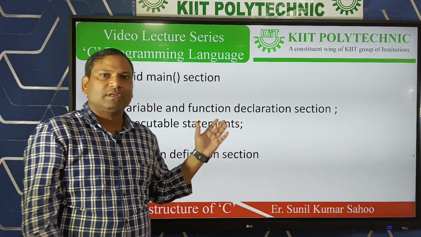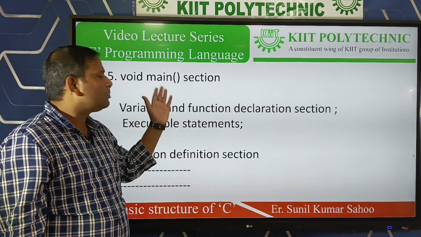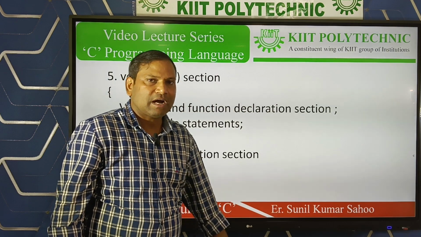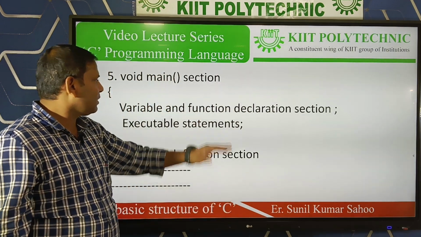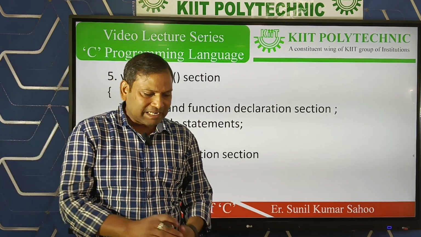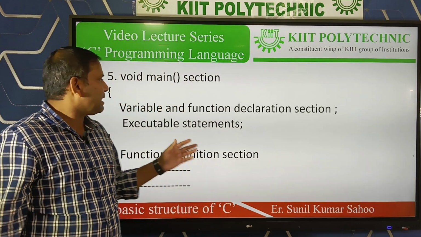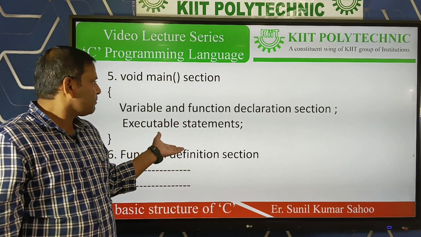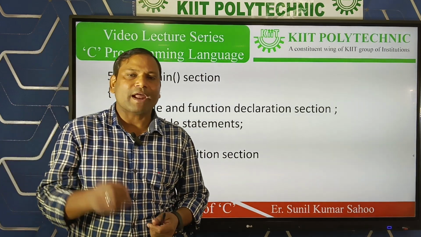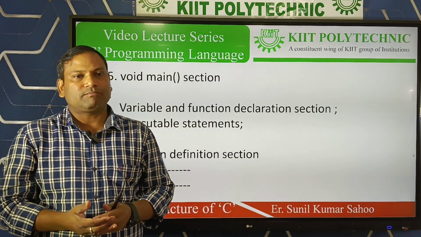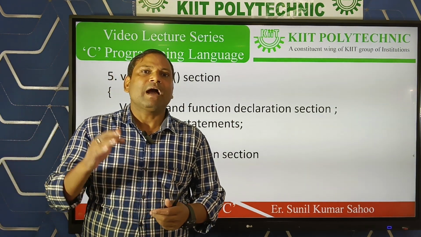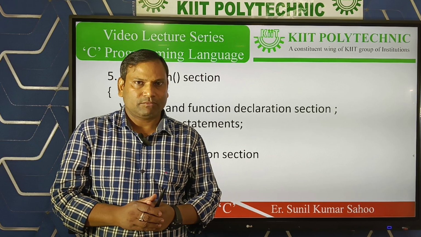The main function is divided into two parts: the declaration section and the executable section. In the declaration section, we can declare variables and functions, but in the executable section, we write the input part, process part, and output part of the program.